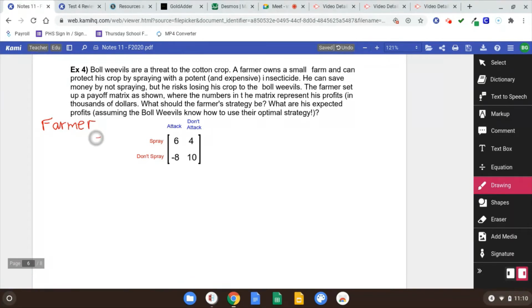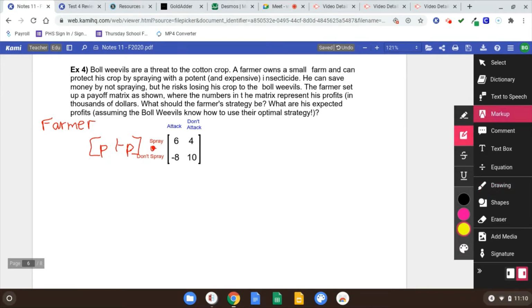What we're going to do is say his strategy looks like this. Notice there are only two strategies, either to spray or not to spray. And we're going to take this row vector for the farmer, let the farmer be the row player, and we're going to multiply that times the payoff matrix. So remember how we do that.